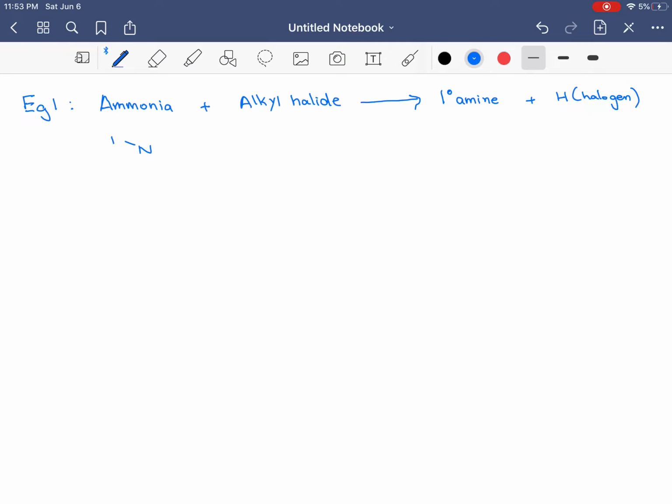Let's draw ammonia. Let me draw some structural diagrams. Here's ammonia. Here's an alkyl halide. So let's draw chloroethane. Now, where's the reaction here? Well, the reaction in this case, of course, is H and Cl will get together.